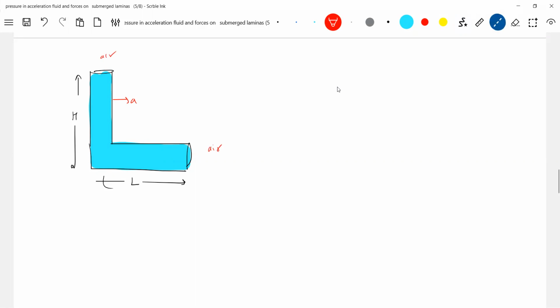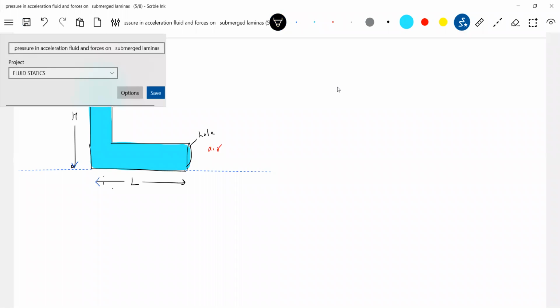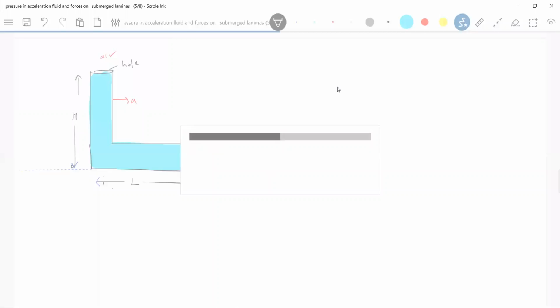So I'm going to accelerate on a horizontal surface. What should be the acceleration so that the liquid will not flow out from either surface? There's a hole here, there's also a hole. The liquid should not spill out. What should be the acceleration? Objective question definitely means instead of lengthy calculations, they just want to test students.